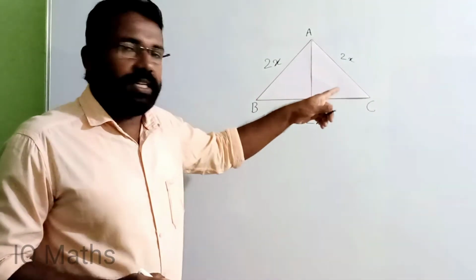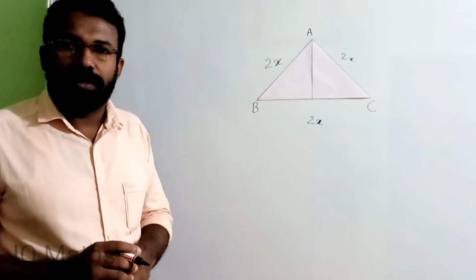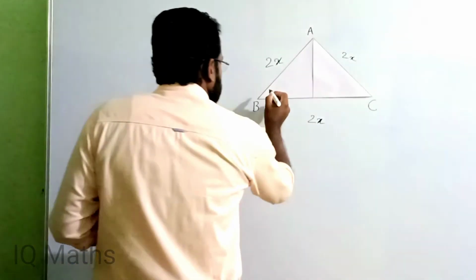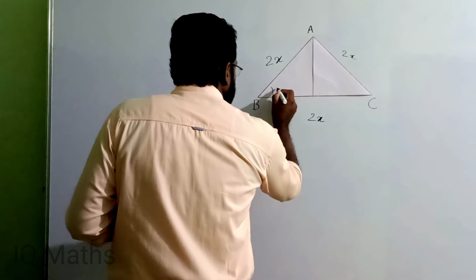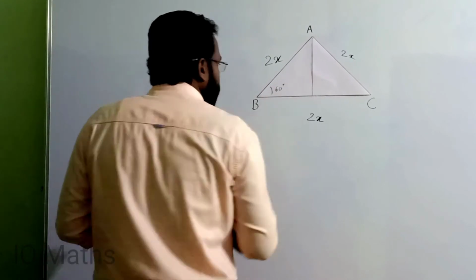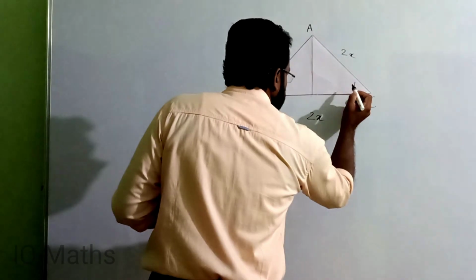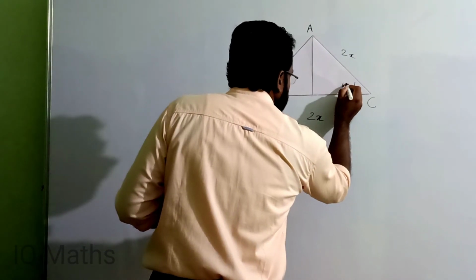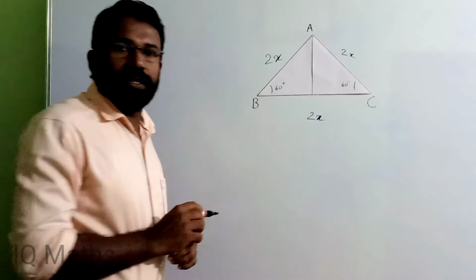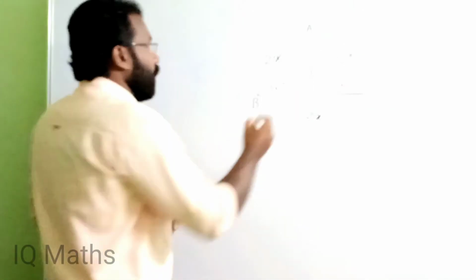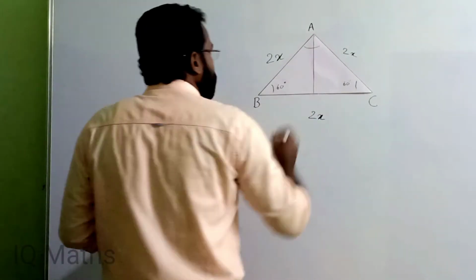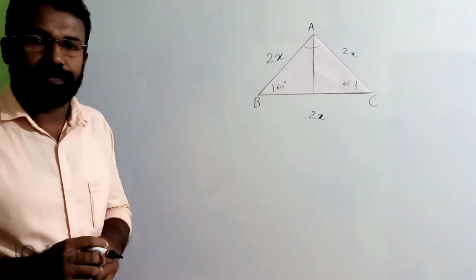Since ABC is an equilateral triangle, this angle will be 60 degree. This angle will be 60 degree. Also, this angle is 60 degree.